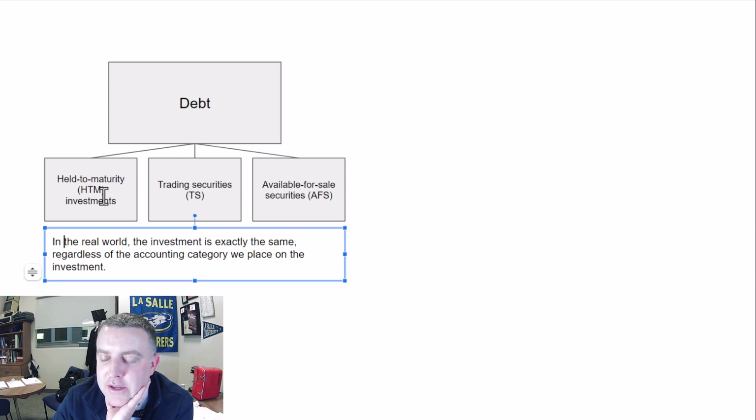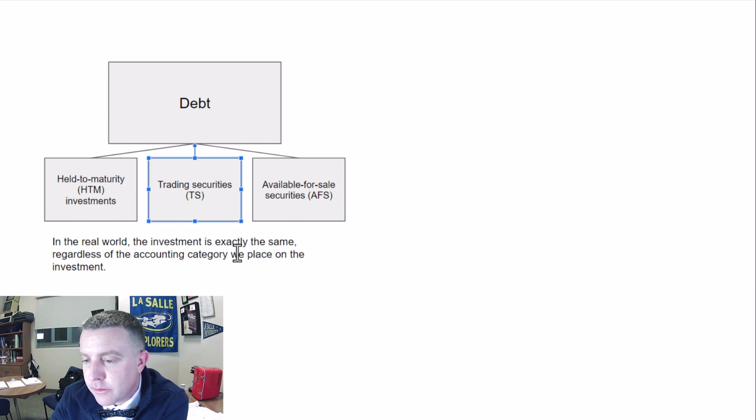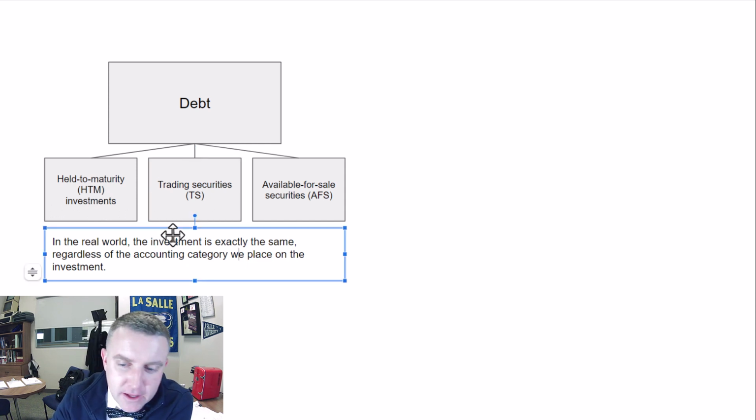If a company buys a bond in another company, just because we place that investment into the trading security category for accounting purposes doesn't mean that anything different happened in the real world in terms of that investment being made. We're making these categories for the purpose of accounting only.